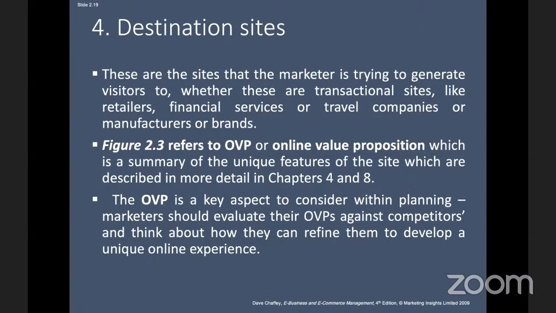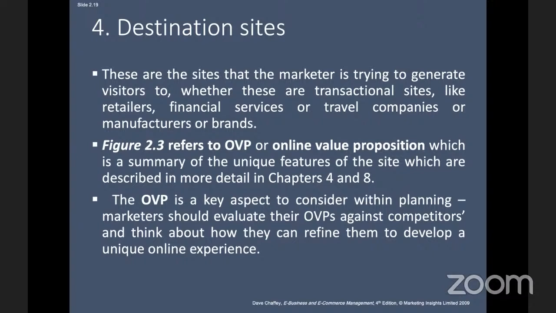Then destination sites. These are the sites that the marketer is trying to generate visitors to, whether these are transactional sites like retailers, financial services, or travel companies, or manufacturers or brands. For example, if we talk about travel companies, there are third-party sites, or we can say platforms for different businesses, like booking.com and Airbnb.